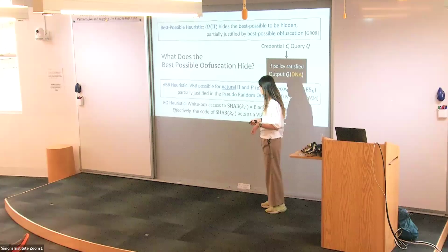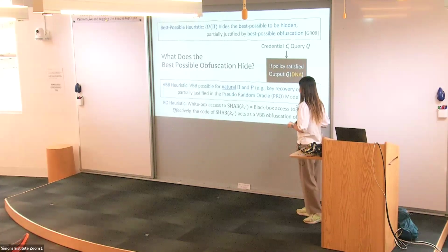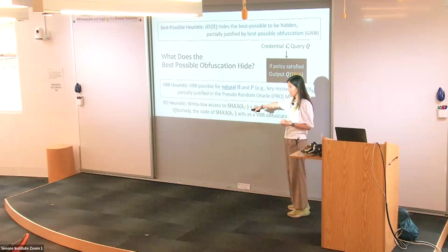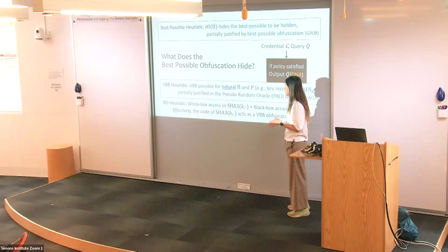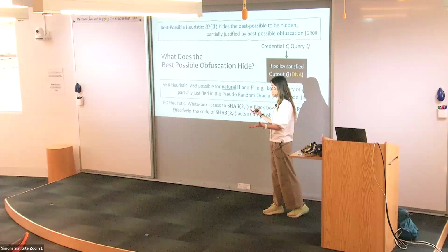No, I mean the one below. What is the procedure of using the random oracle heuristic? Ah, I see. So we can view the SHA-3 of key as a VBB obfuscation of a PRF. The random oracle seems to give us an ideal obfuscation of a PRF, and that is simply the SHA-3 code.